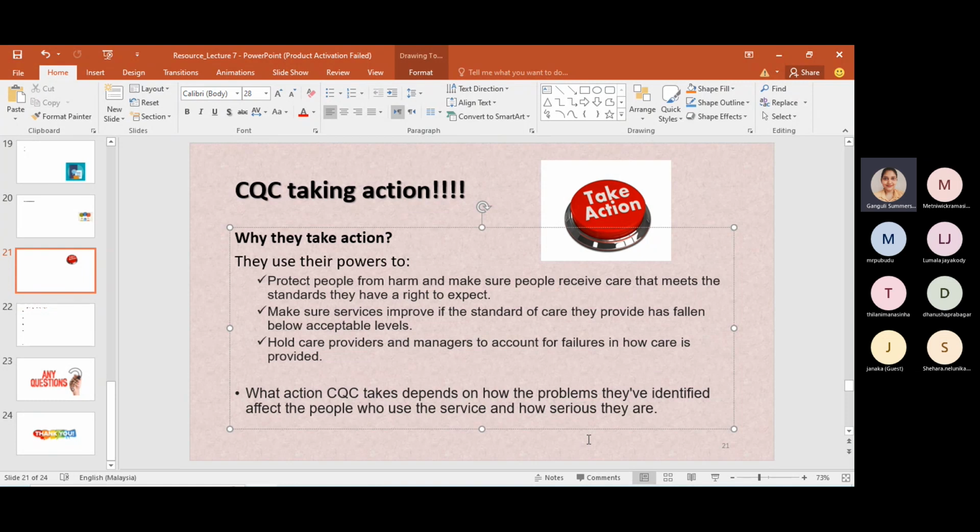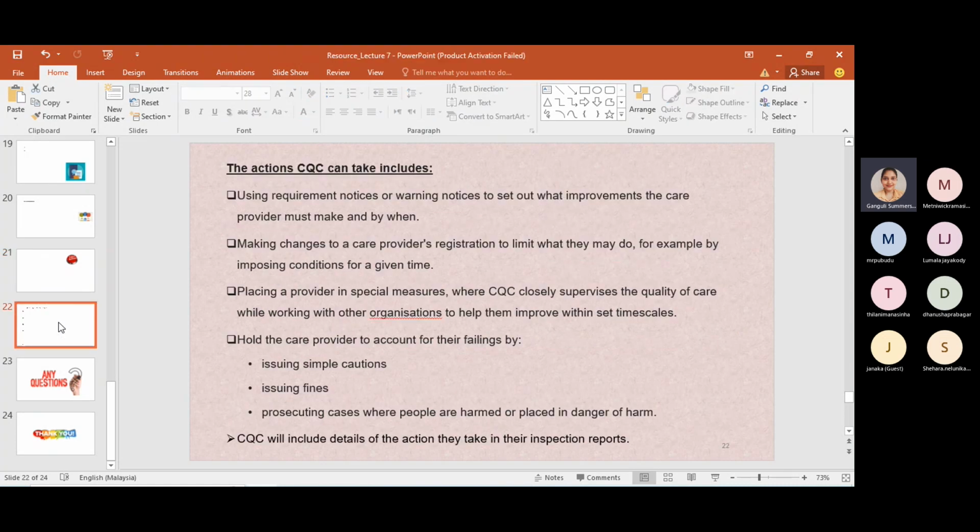If the issue is not that serious, the actions will be mild. But if the issue is serious, then the actions will also be serious, like termination, suspension, and so on.